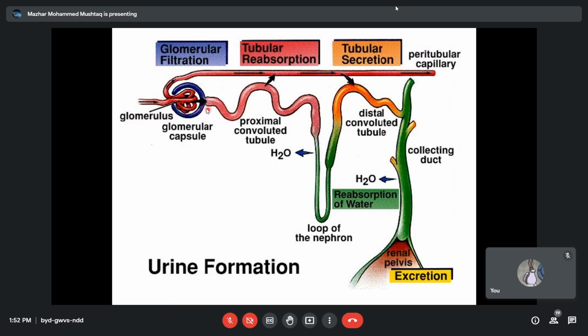For example, if a red blood cell comes from here, they are going to get clumped here, because this loop of Henle is very small, and it will not allow much of the RBCs to go ahead. So all the red blood cells will clump here. They will make a fingerprint of this loop of Henle, all clumping upon one another.